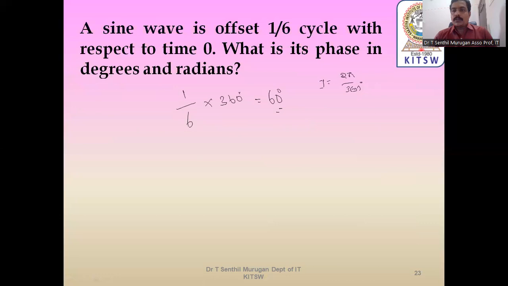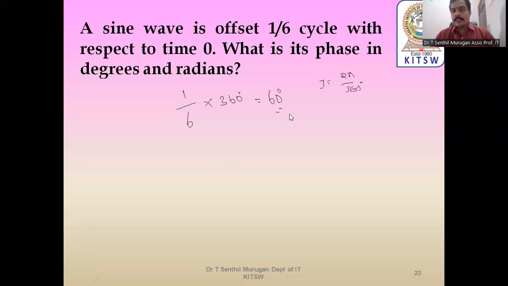So 1 degree equals 2π by 360 radians. So for 60 degrees, we multiply 60 into 2π by 360.